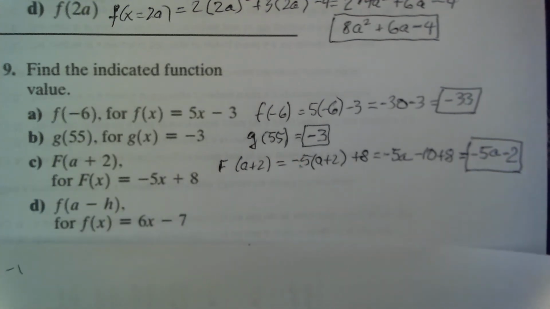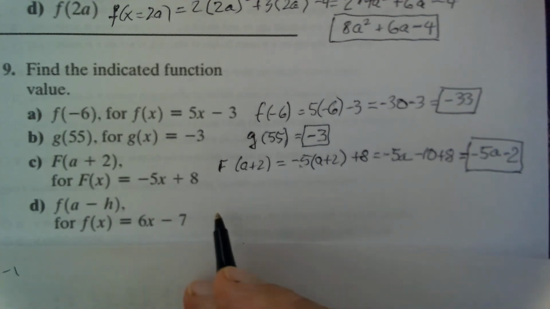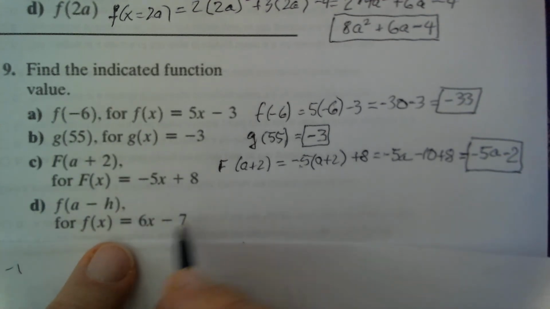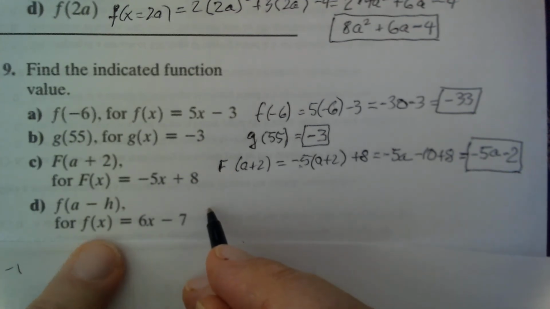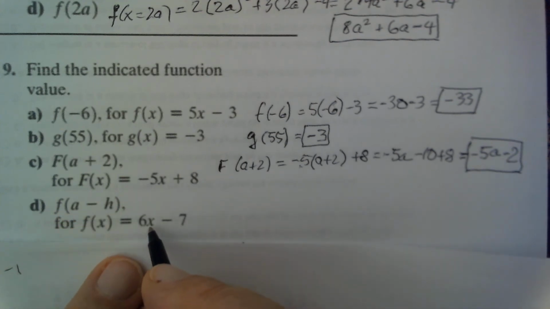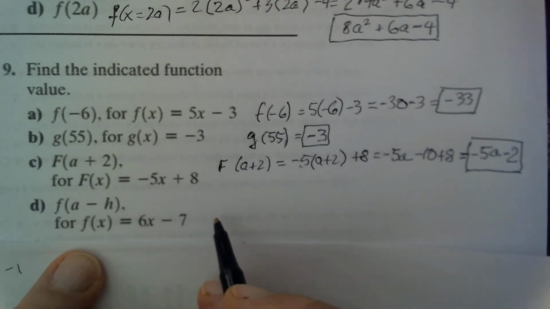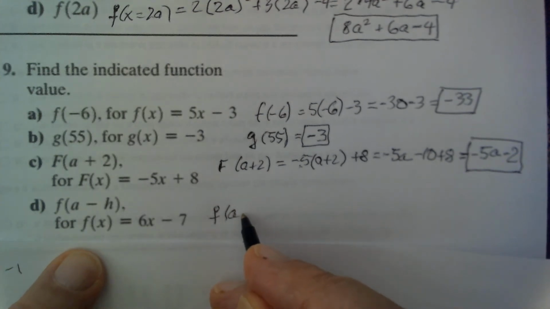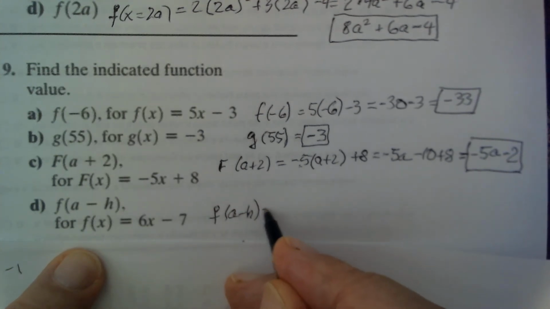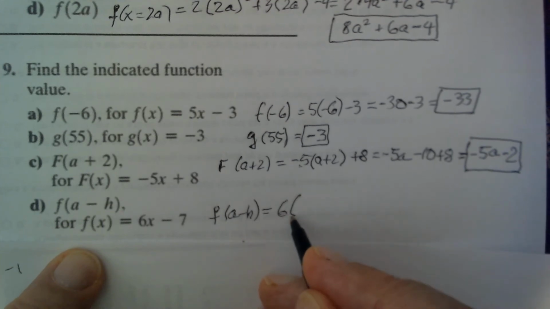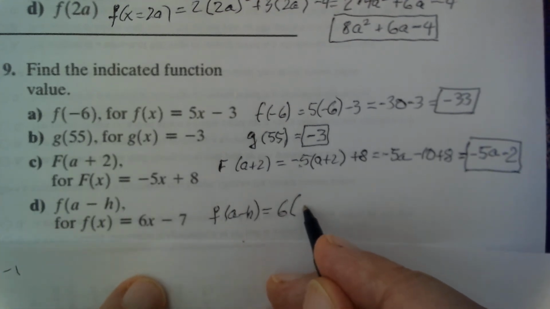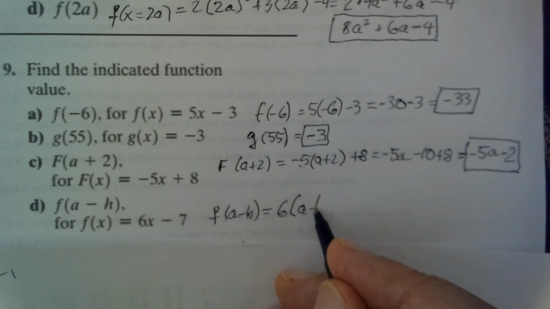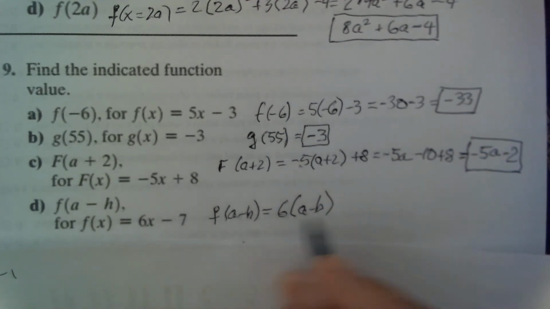And for the D part, we have f of x equals 6x minus 7. So then f of a minus h means wherever we see an x, we replace it with a minus h. So f of a minus h equals 6 times a minus h, minus 7.